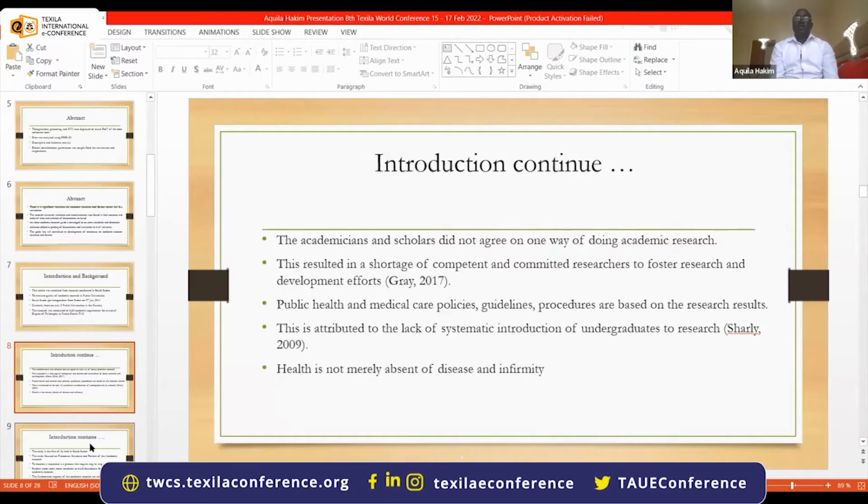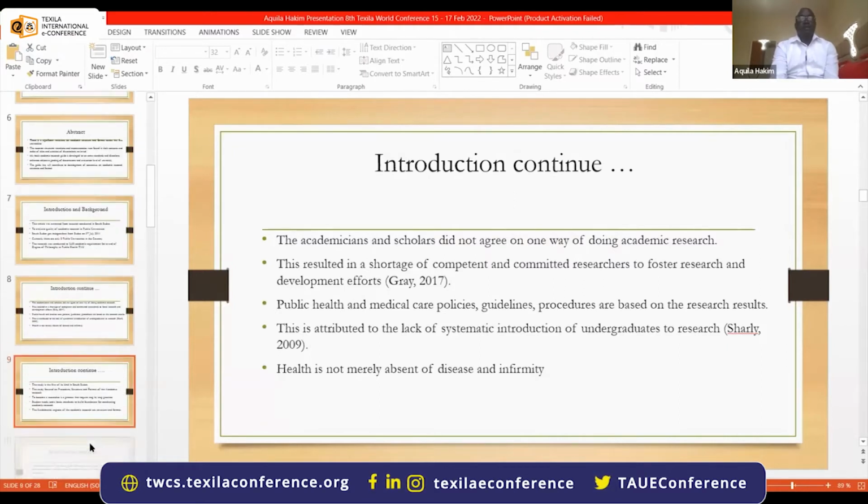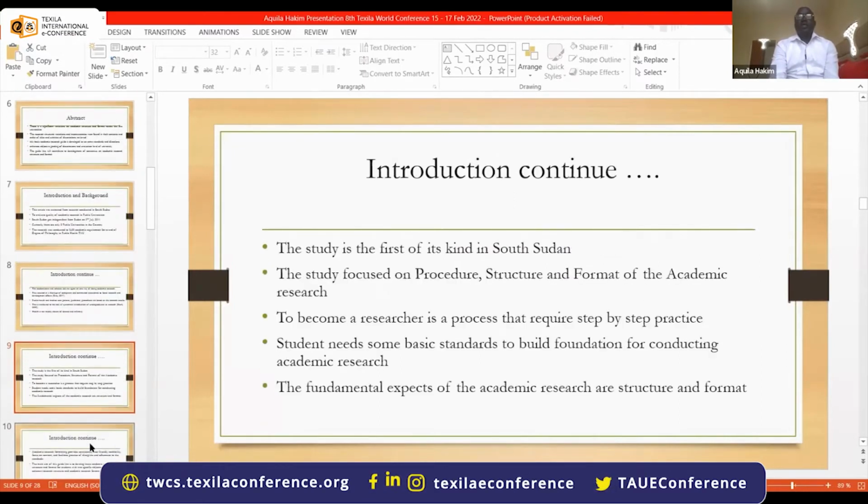This is attributed to the lack of systematic introduction of undergraduates to research. As we know, health is not merely the absence of disease. That's where research becomes very important, because all that we do is based on evidence. The study is the first of its kind in South Sudan after independence.